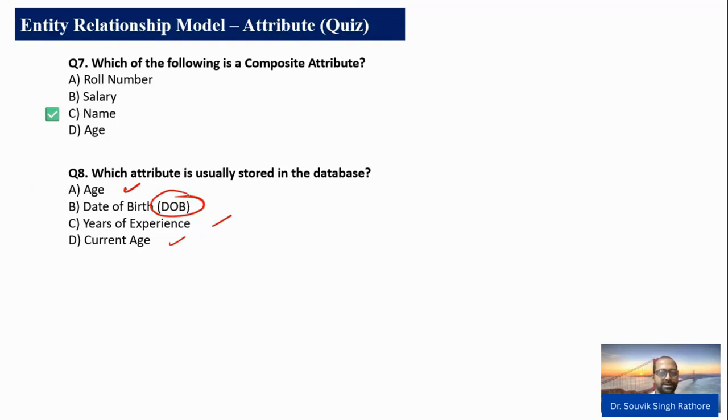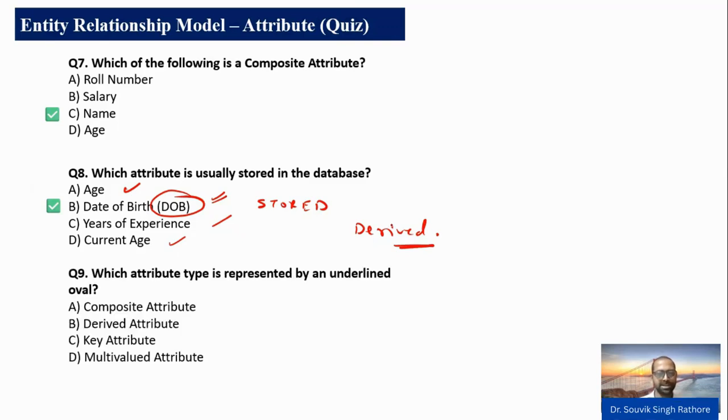Therefore, your correct answer is date of birth. And your database actually stores the date of birth, and other things can be derived from the date of birth. So date of birth is called the stored attribute, and the remaining three are the derived attributes.